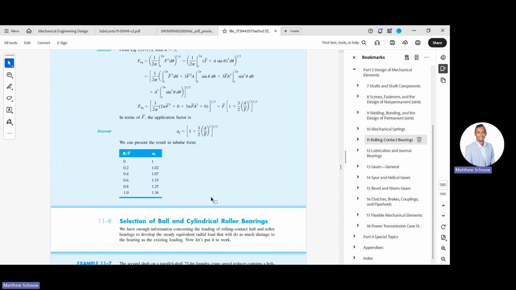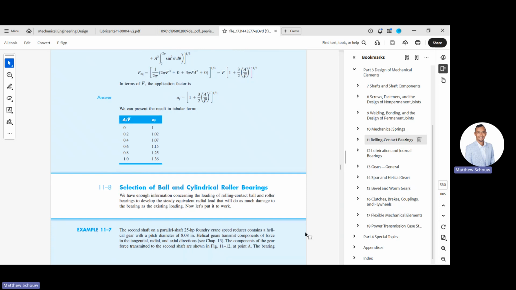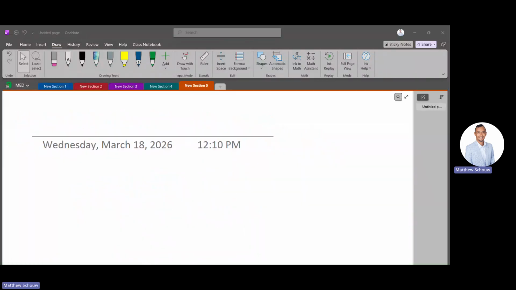But now I want us to do a quick selection of a ball or cylindrical bearing, right? And what I'm going to do is use this example from the Ansel textbook. It's coming from the project.